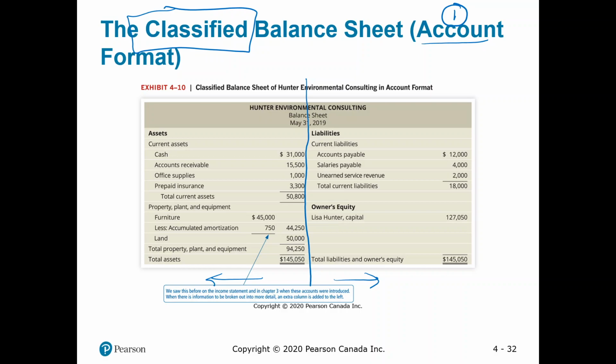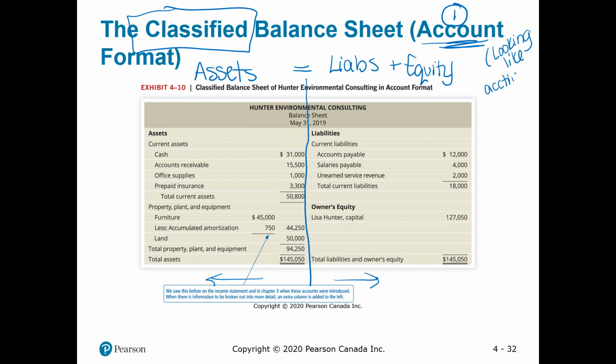So remember, the balance sheet is looking at our accounting equation, and we know that our assets must equal liabilities plus equity. So the account format looks like the accounting equation. So you can remember it that way. It actually looks like it because it's broken out left and right.